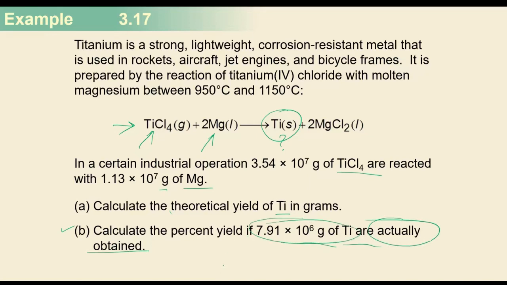Okay, now let's calculate the theoretical yield of titanium. How can we calculate? We are given titanium chloride, we are given magnesium. So we use both. How? Very good. So it is the same 5-step method. The importance of this method: titanium chloride, when it reacts with magnesium, gives us magnesium chloride plus titanium.